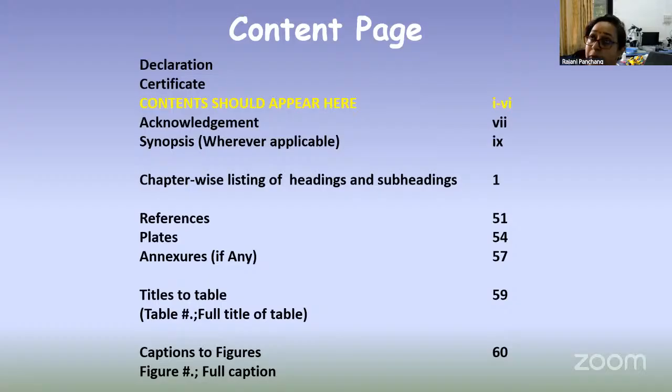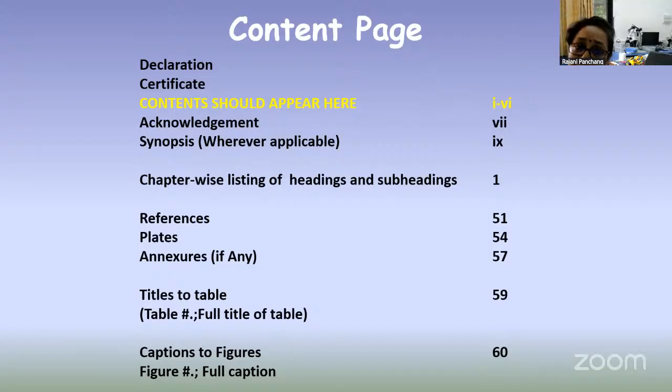Having talked about rules of compilation, let us come to the contents page. Declaration, certificate, then your contents page should be here after the certificate. First is the declaration. A student has to declare that it is his own work and he has not committed plagiarism. Then your teacher will certify it. Your teacher will not sign it until you have said that it is your responsibility if there is plagiarism, and that you have not failed to acknowledge anyone.